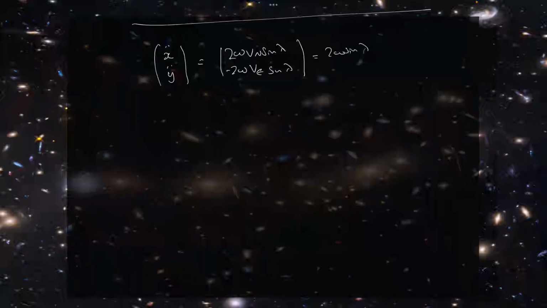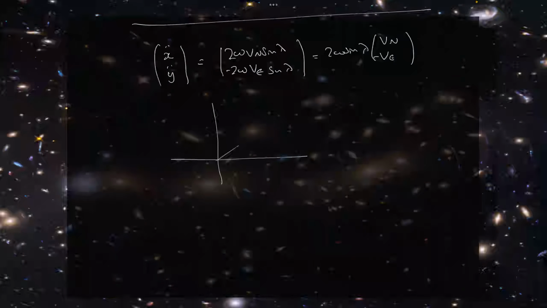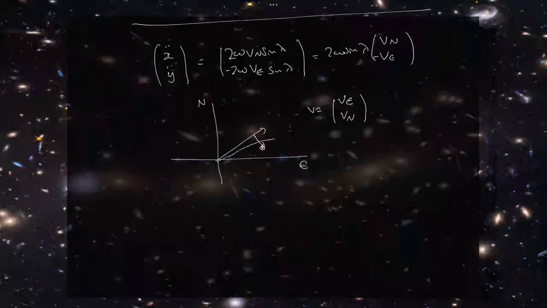That's 2 omega sine lambda (vn, minus ve). If the velocity is (ve, vn), then this shows the acceleration is orthogonal to it, and in the northern hemisphere it points to the right. And so the bullet will deviate to the right. Fired in a different direction, the acceleration is still to the right.